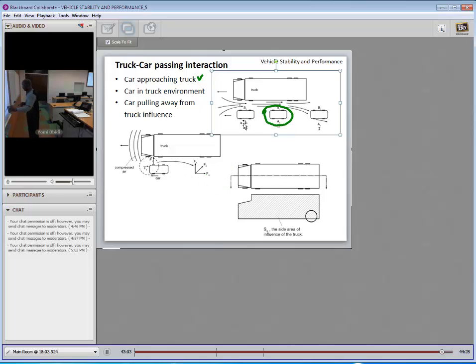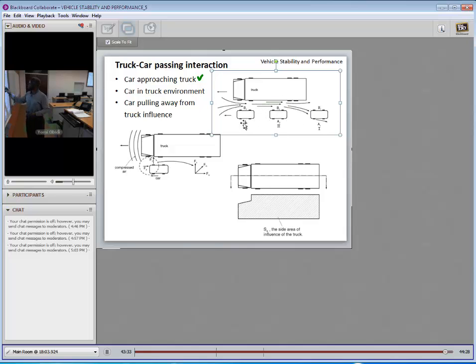Why are these important? Well, it's important to know this because it makes the driver aware of the danger at hand, and the understanding of this will certainly increase highway safety and awareness, both for the driver of the truck and especially of the car, who is in greater danger than the one in the truck. But it's important that both sides know this.